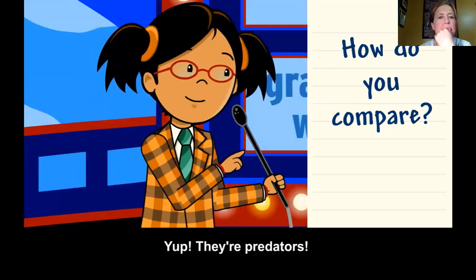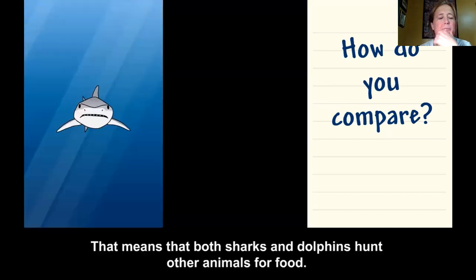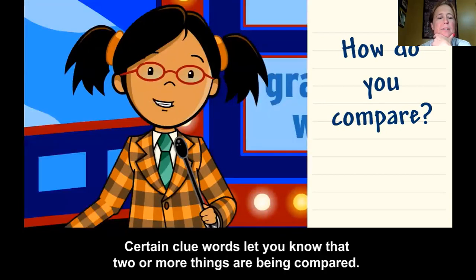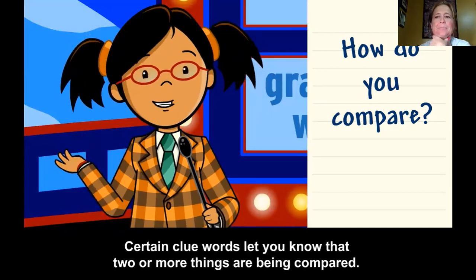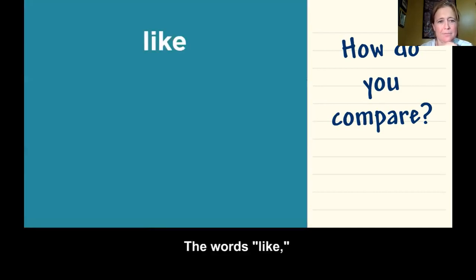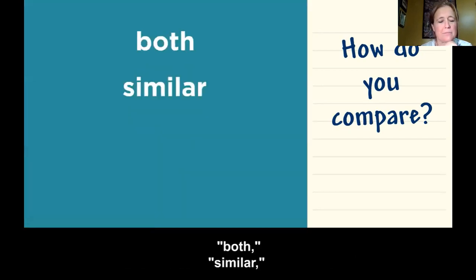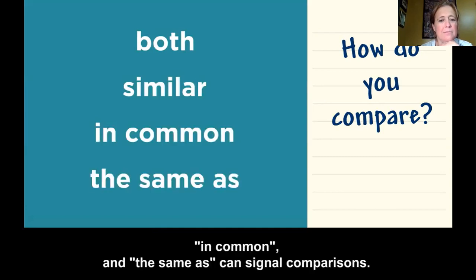Yep, they're predators. That means both sharks and dolphins hunt other animals for food. Certain clue words let you know that two or more things are being compared. The words like, alike, same, also, two, both, similar, in common, and the same as can signal comparisons.